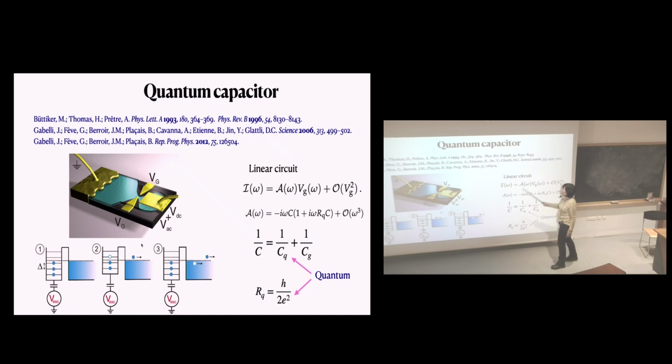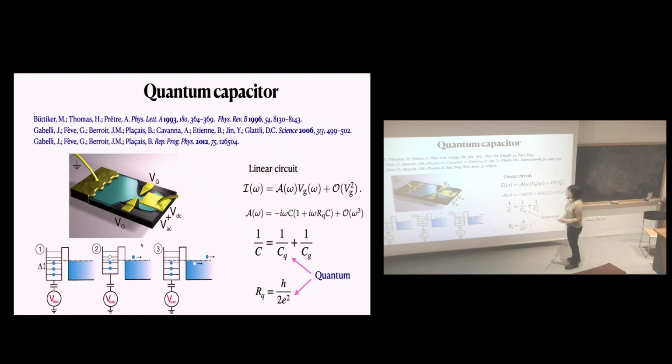It's the so-called quantum capacitor. The quantum capacitor is nice because there are several experiments. This is a review written by experimentalists, and there is plenty of bibliography there about that problem. This was proposed originally by Büttiker and co-workers some time ago, but it became popular after the experiments.